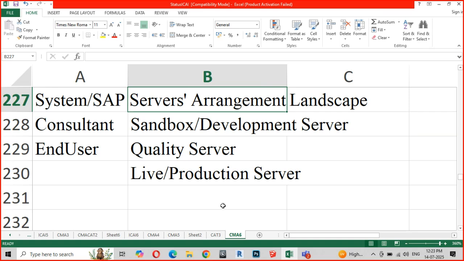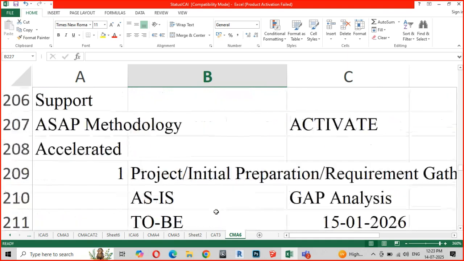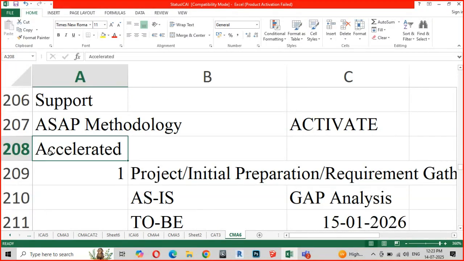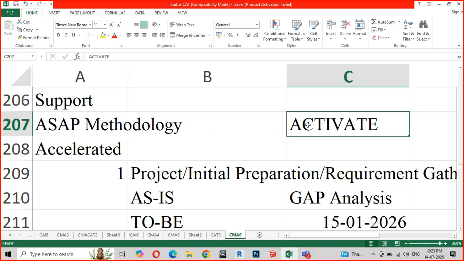So with this, I conclude the topic of the SAP project life cycle. In ECC, it is called ASAP, Accelerated SAP Methodology. In HANA, it is called the Activate methodology. It's almost the same steps.